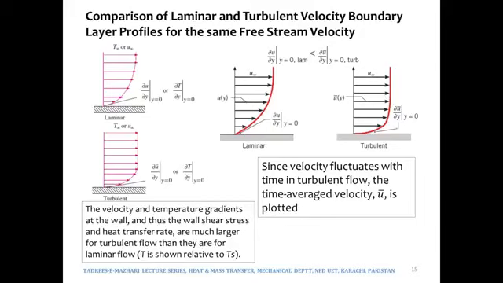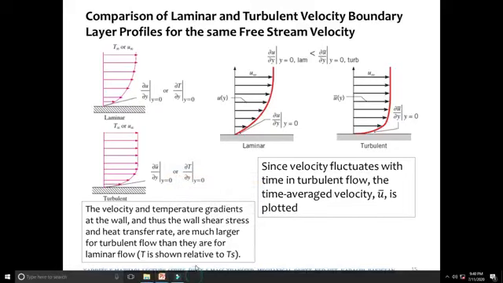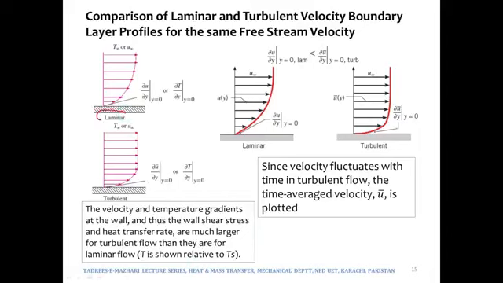Over here we are seeing the same phenomenon which we were discussing a while ago. When we have a laminar flow, the change in velocity with y, or change in temperature in y, is more, whereas in the case of turbulent flow this change becomes less, for the reason I explained on the previous slides.